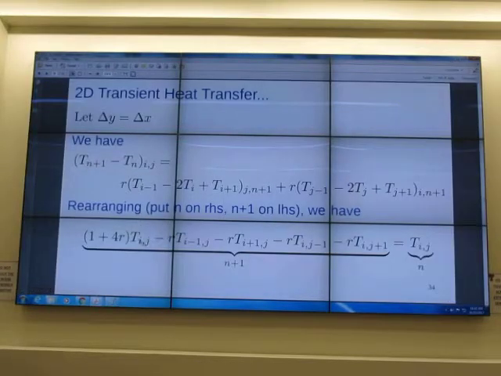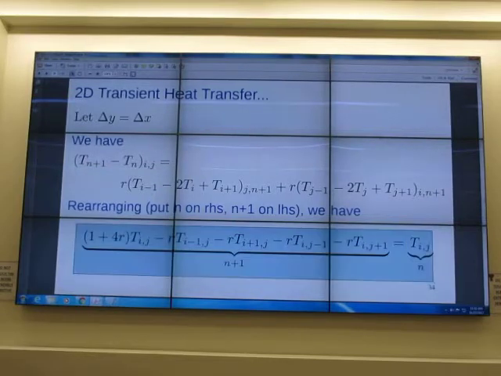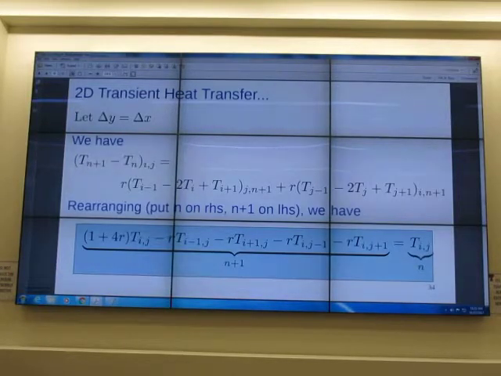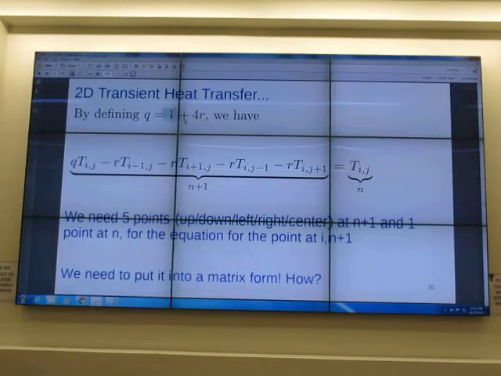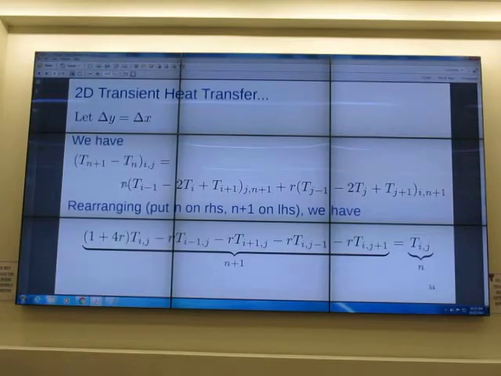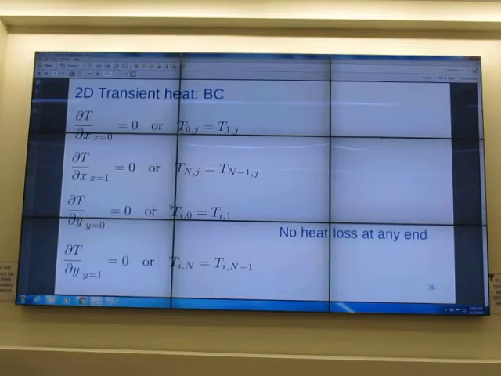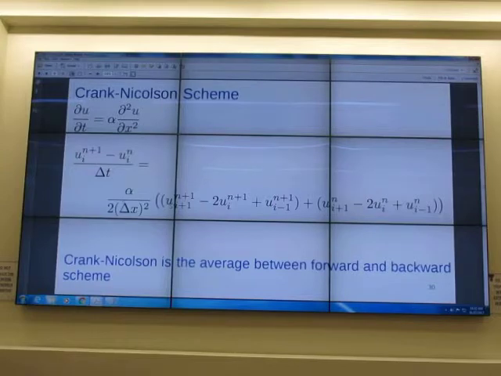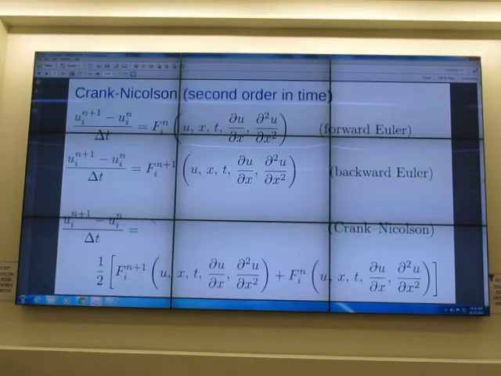So when we use backward scheme, we have to be able to move from this form to matrix form. Okay. So after doing some math, I define Q equal to 1 plus 4R. And R is our previous definition. What is our R? Oh, okay. R is, I think, alpha over something.